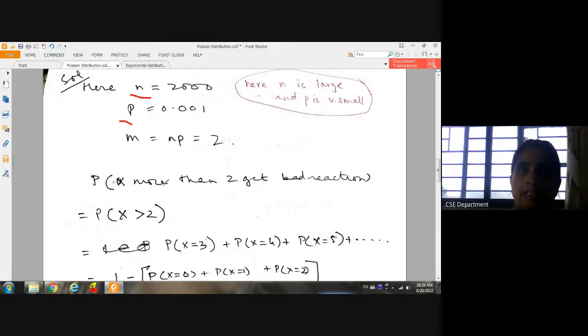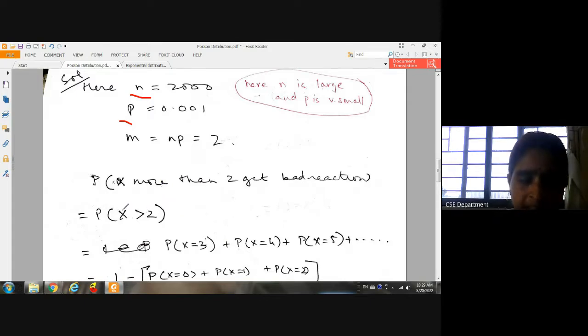You understand what chance of getting a bad reaction is? 100% chance means 1, and 0.001 means that among 1000 people, one person will get a bad reaction. So m is n into p, 2000 into 0.001, you got m as 2. Now they have asked more than 2 get a bad reaction.